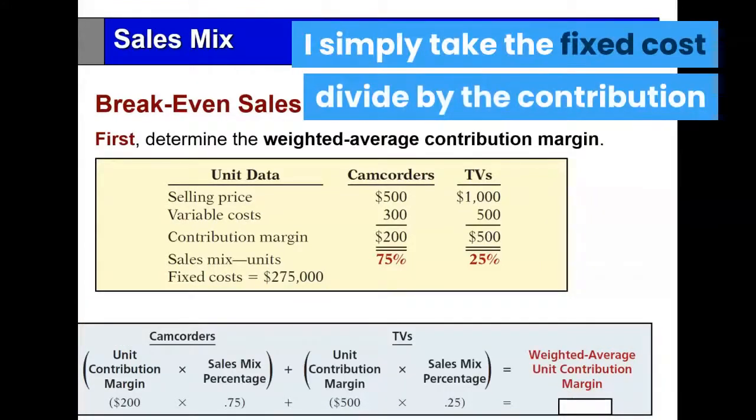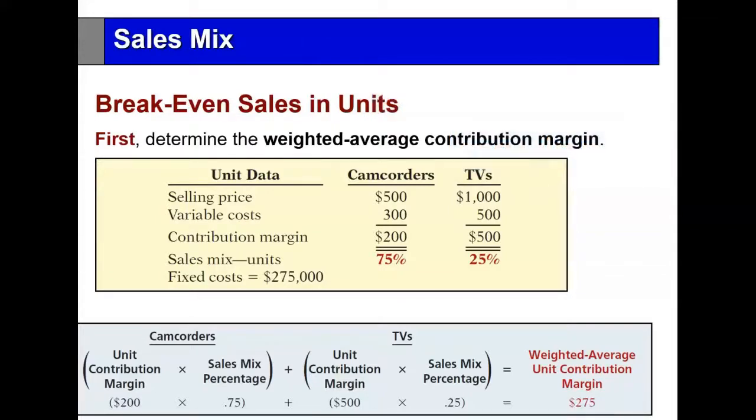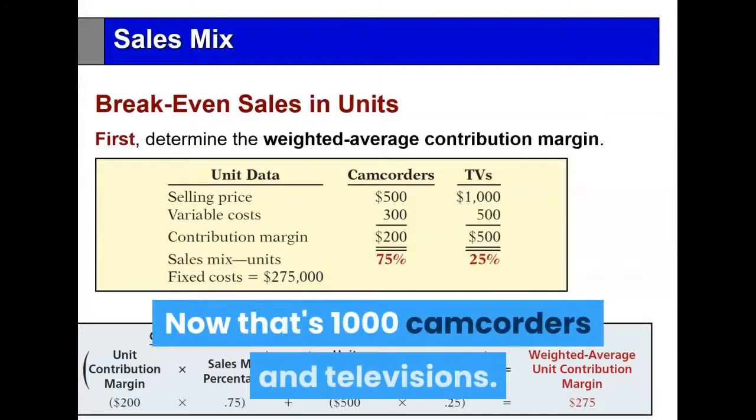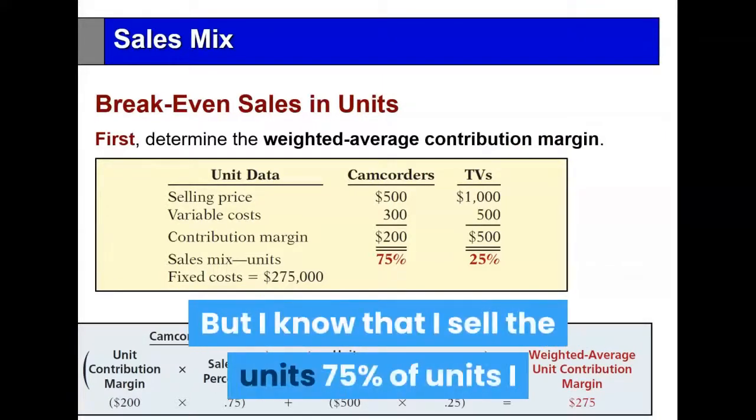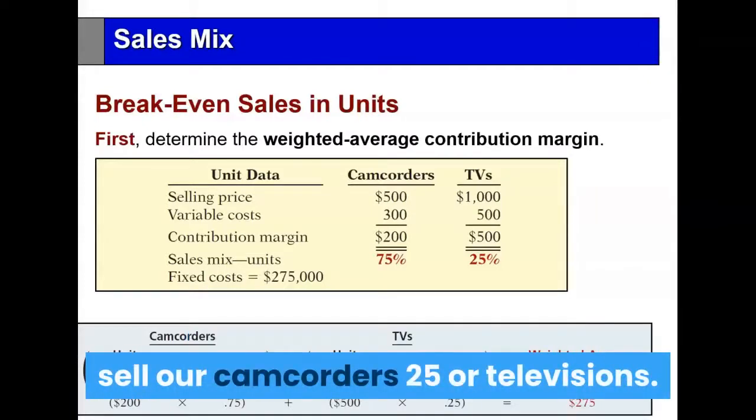The television has a unit contribution margin of 500, and I multiply that by 25%, add it together, and I get a weighted average unit contribution margin of 275. That's not the camcorder, that's not the television, that is both of them weighted by the sales mix.